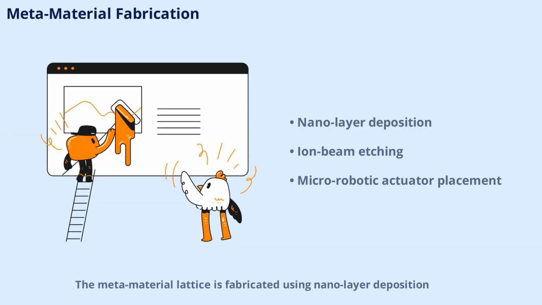The metamaterial lattice is fabricated using nano-layer deposition, ion beam etching, and micro-robotic placement of quantum permittivity actuators. Each layer is calibrated for vacuum index uniformity with defect tolerances and purity requirements strictly enforced. This ensures that the lattice performs reliably under all operational conditions.